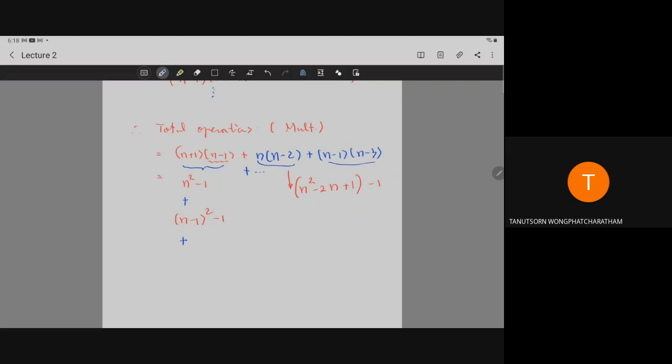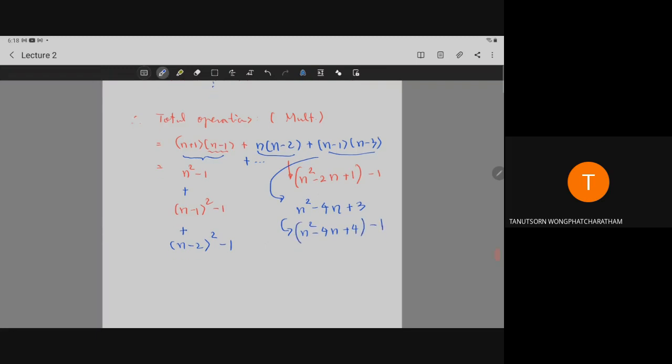Let's say the next term is n square minus 4n plus 3. I try to express it as n minus 2 square and then minus 1, because this is n square minus 4n plus 4 and then minus 1.